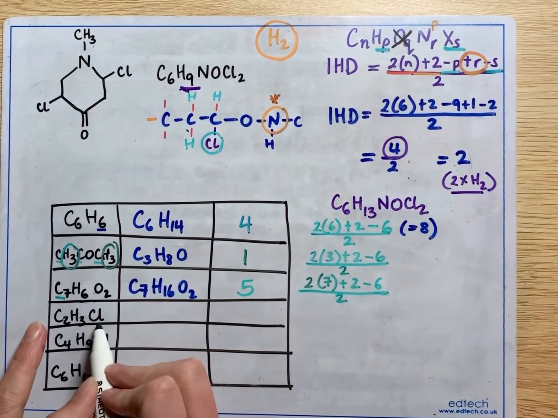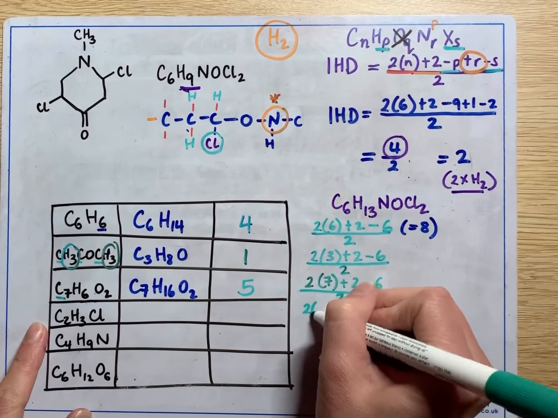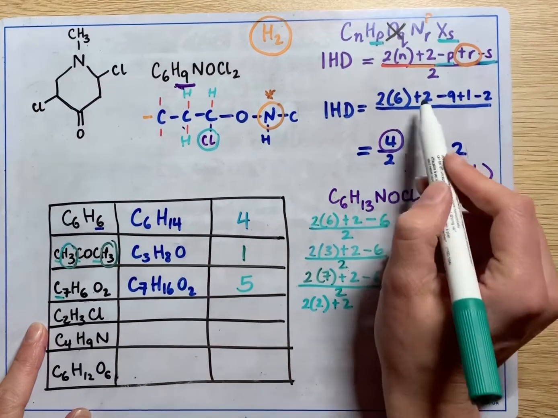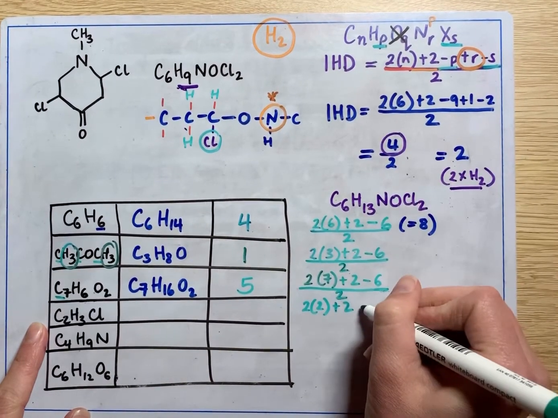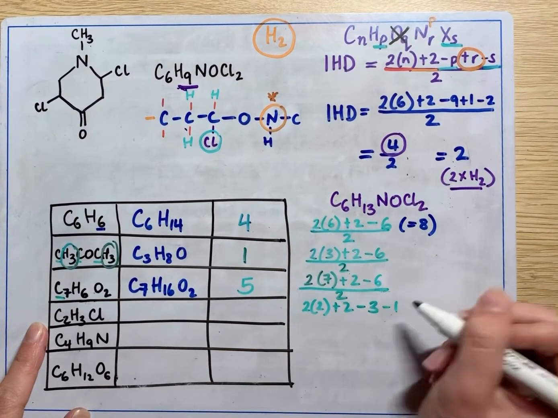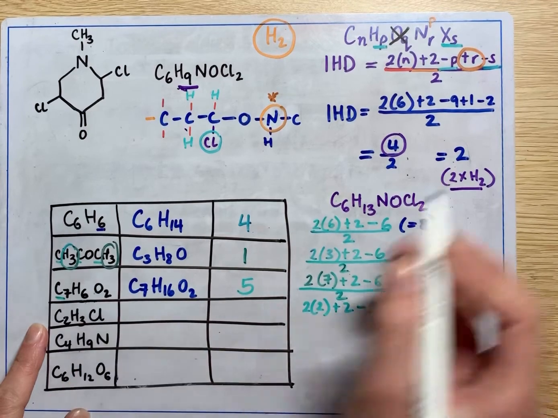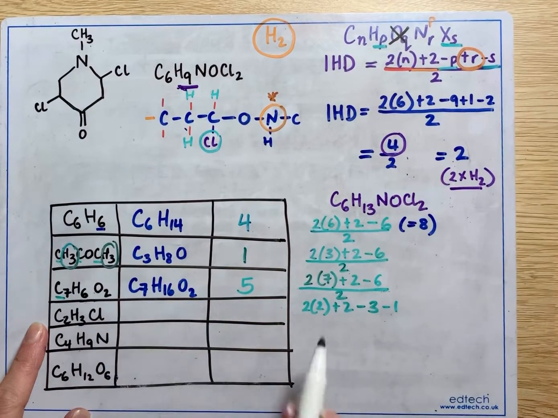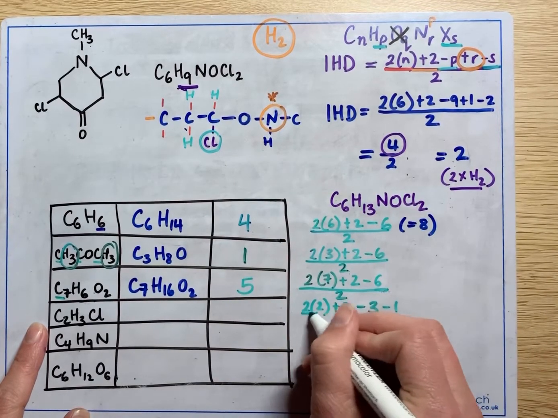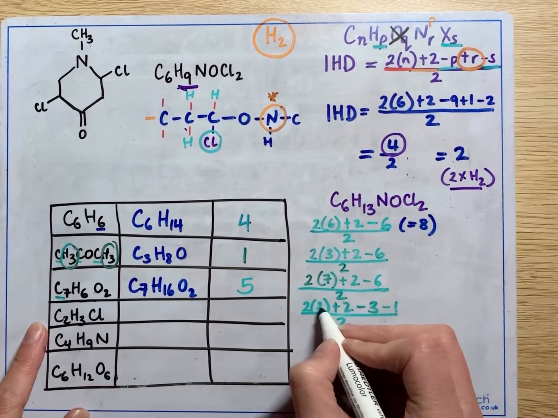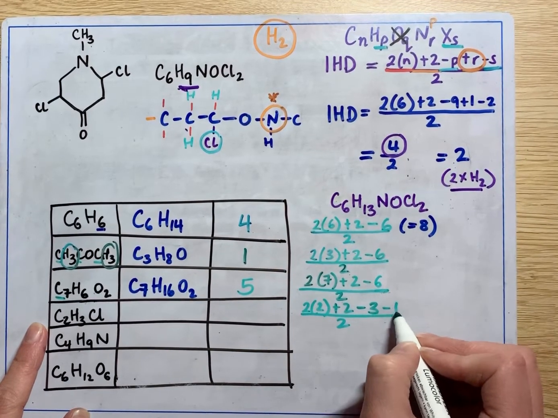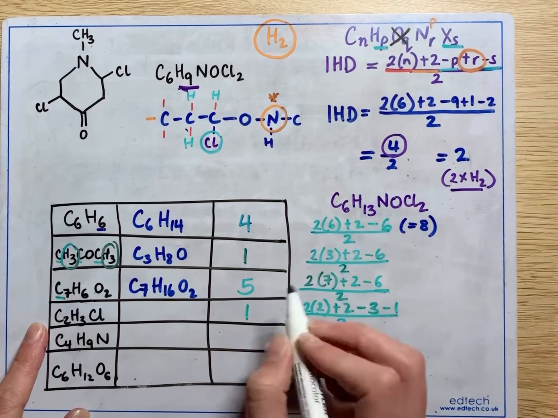This one, now we've got some halogens to mix things up. So 2 carbons, so following the first part of our formula still, subtracting the 3 hydrogens that are already there, and then subtracting 1 for a halogen, the X, the chlorine that's taking the space of where a hydrogen would otherwise go. 2 times 2 is 4, plus 2 is 6, take away 3 is 3, take away 1 is 2, 2 over 2 is 1.